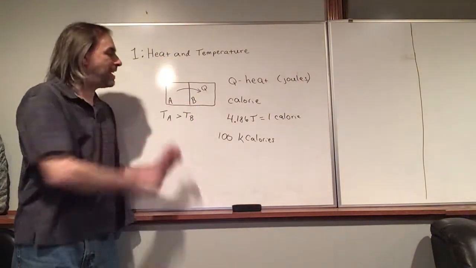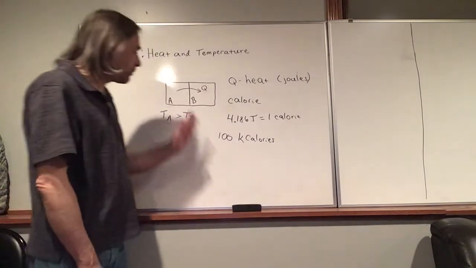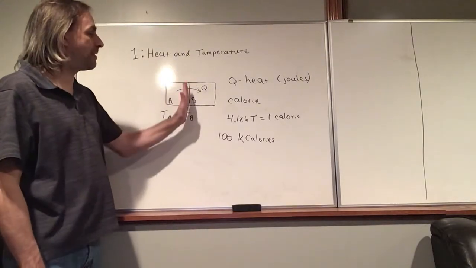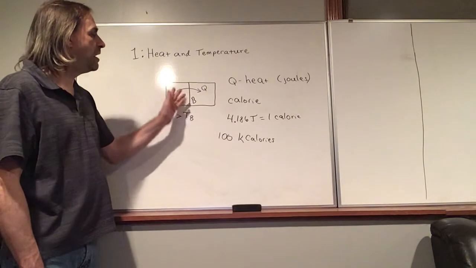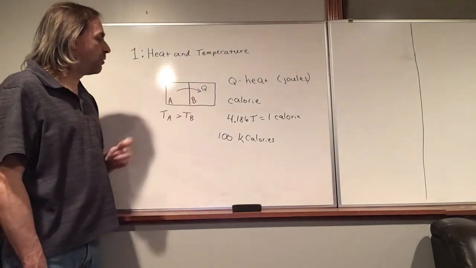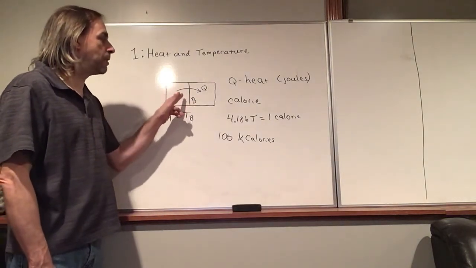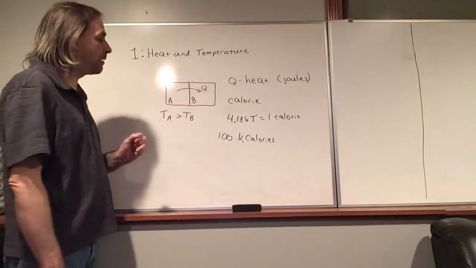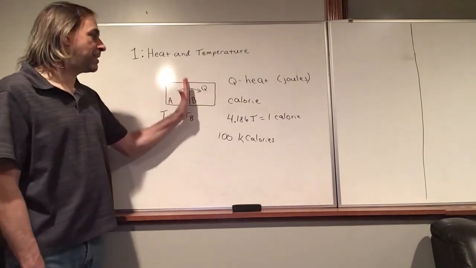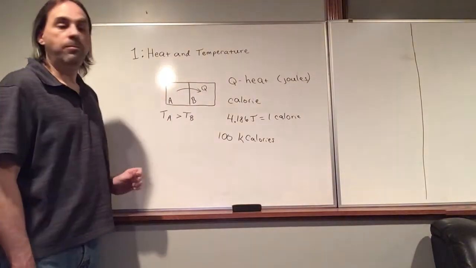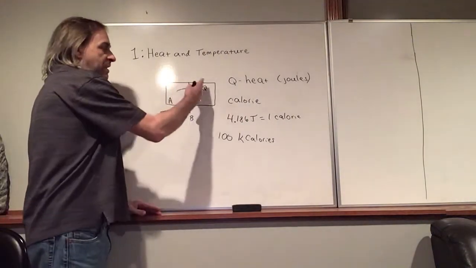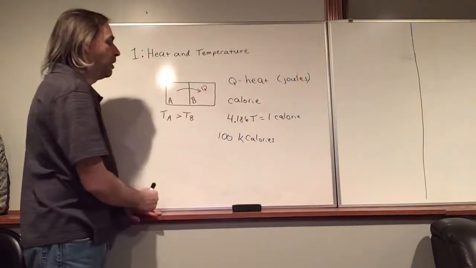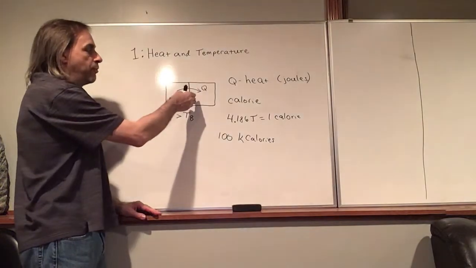So when you put these objects together, there are collisions at the boundary between them, and the molecules in substance A are losing energy overall, and in B they're gaining energy. Again, this is occurring at the boundary, but you can think of it as layers.